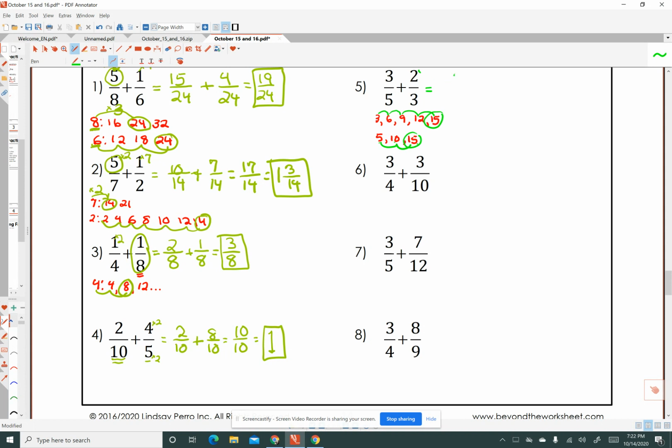So 3 times 3 is 9. That's why you shouldn't go fast. Just go slow when you do your work. And 3 times 1, 2, 3, 4, 5. 5 times 2 is 10. Okay, our denominator is 15. Our numerator is 19. 19 is more than 15. 15 goes into 19 one time with 4/15 left over.